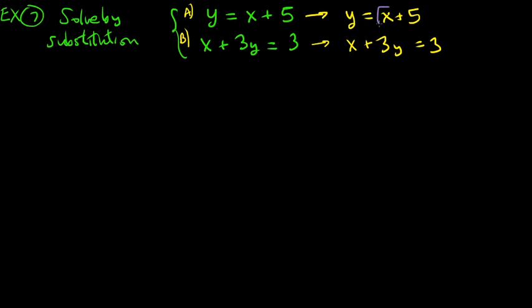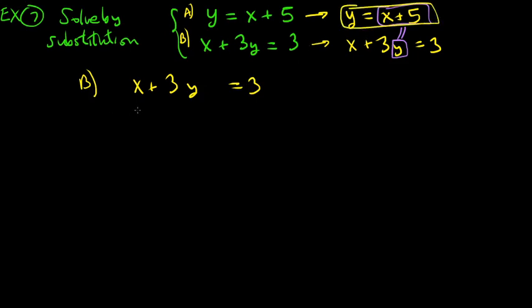If y is equal to x plus 5, then this y also has to equal x plus 5. So what we're going to do in equation B is replace the y with what it equals, namely x plus 5. So instead of x plus 3 times y equals 3, it's x plus 3 times (x plus 5) equals 3.